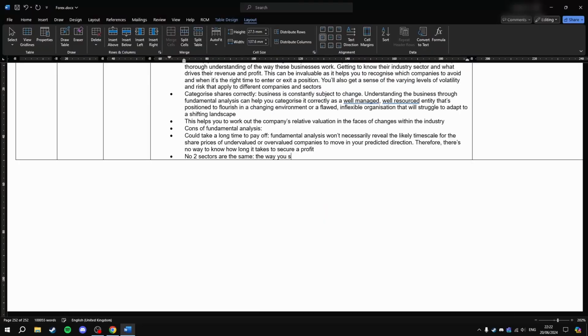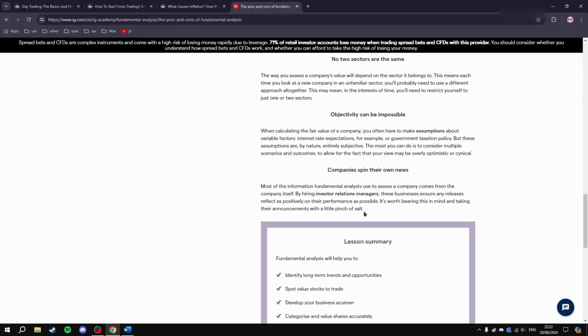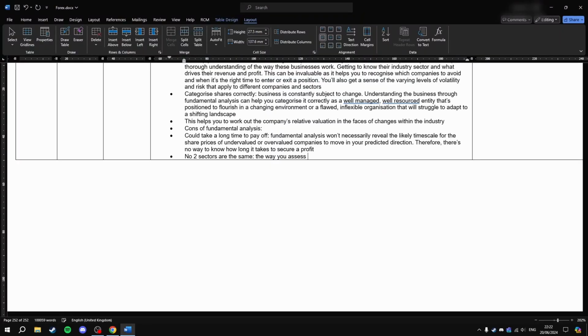The way you assess a company's value will depend on the sector it belongs to.